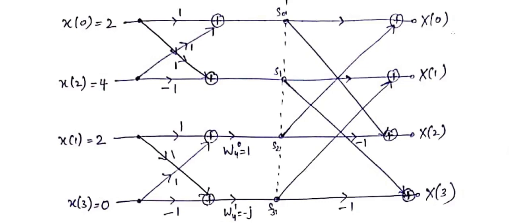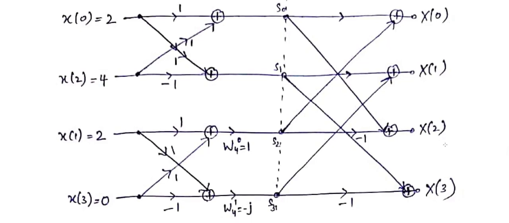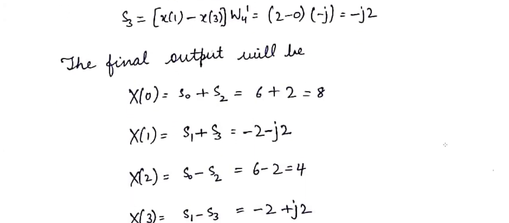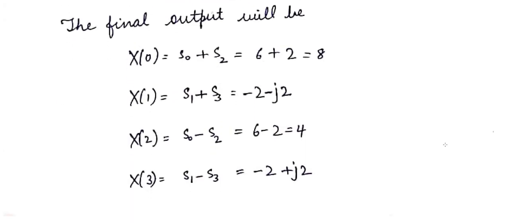So we'll get 4 values, X0, X1, X2 and X3. The final DFT will be available like this: X0 as 8, X1 as -2 minus j2, capital X2 is 4, and capital X3 is -2 plus j2. Here also you can see that we are getting the conjugate values.